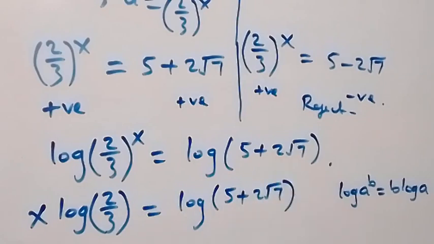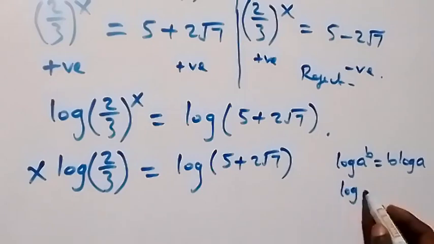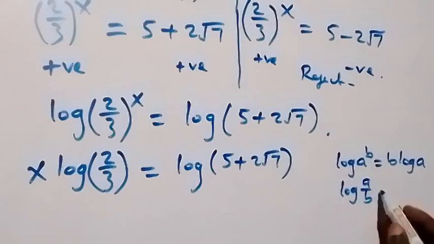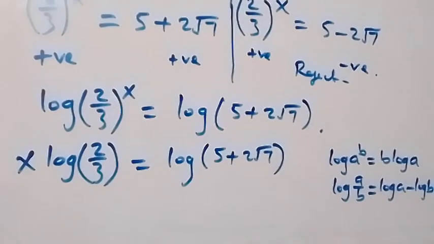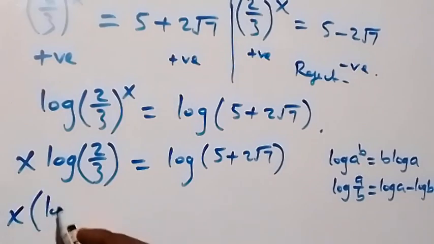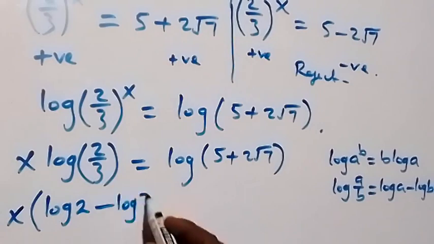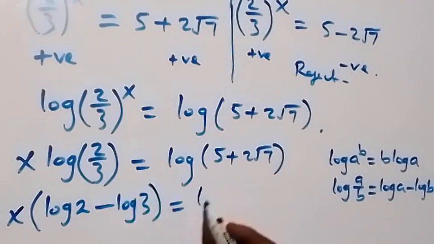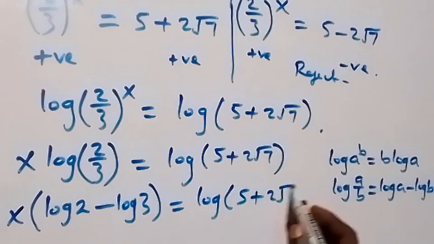Then, from here, when we have log a over b, this will give us log a minus log b. And from here, when we write what we have here again, this gives us x into bracket log 2 minus log 3 now equals log into brackets 5 plus 2 root 7.